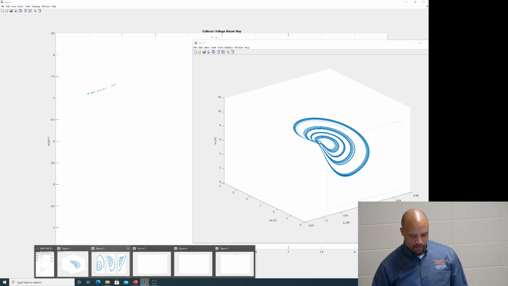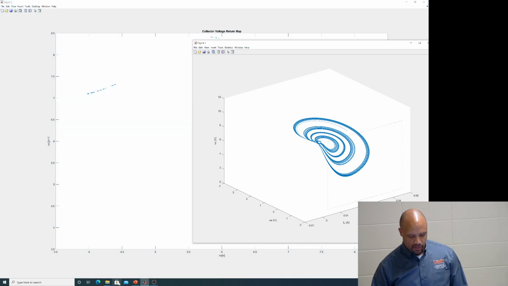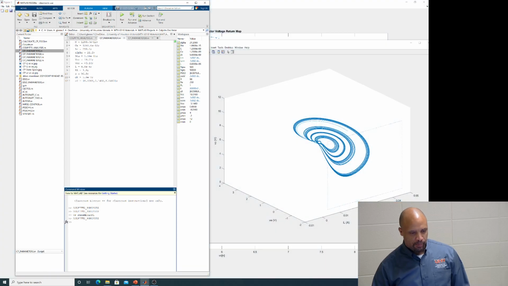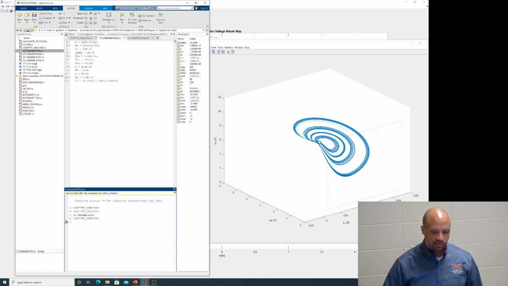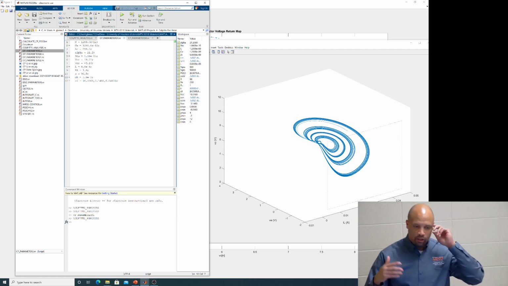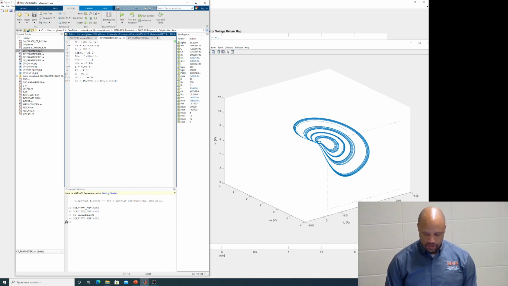But let's go back and try another one. It's 96 now. We know that the smaller it gets, the more chaotic it becomes. Let's go the other way, to like 75, and just see what happens.